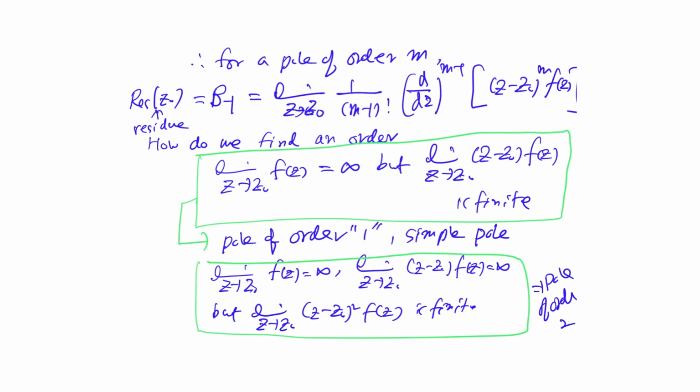So let's do some examples. We need time to copy. So find the location of the pole and its order.